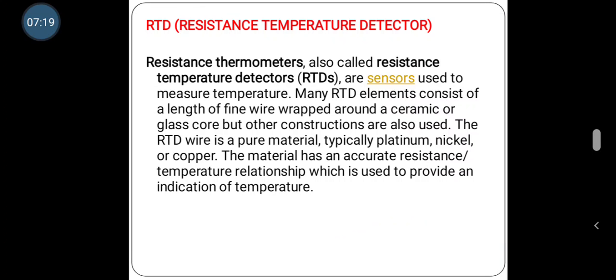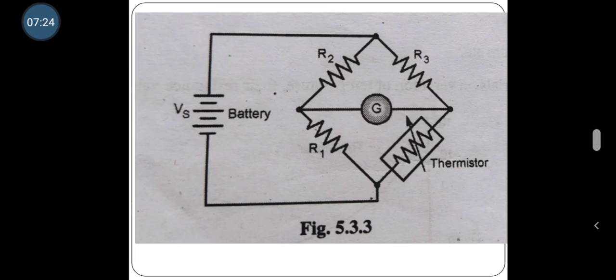Now let's move toward the RTD. But before RTD, we are studying the advantages and disadvantages as well as the applications of the thermistor. The first is the advantages. Operating temperature measuring range is very high, that is minus 100 degrees Celsius to plus 300 degrees Celsius.